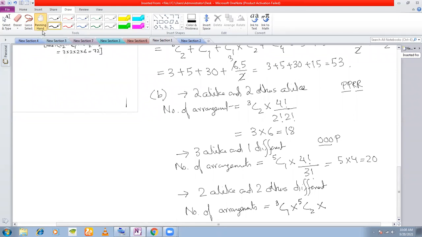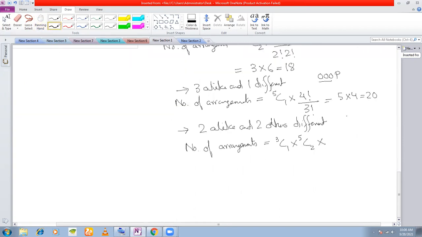Into. Now, how can you arrange these? Two alike and two others different. Say this is one of them. So how many ways of arranging this? Factorial 4 by factorial 2, right? So this will be 3C1 into 5C2 we have found out to be 30 into factorial 4 by factorial 2 is 12. So this is 360.